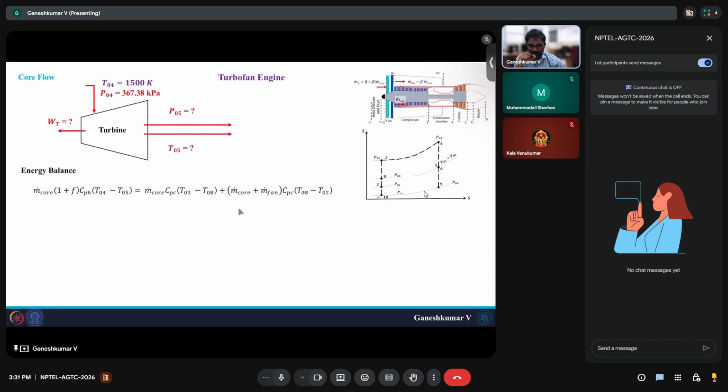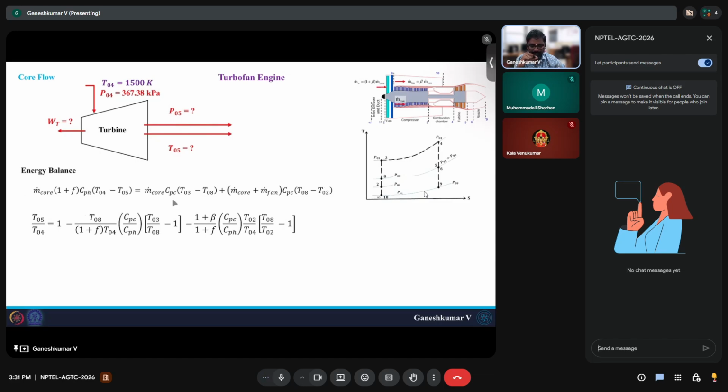Now, if you divide the entire equation by m dot core and also rearrange it in this way, then you will end up having this as your relation. You no need to remember this, you just use this energy balance.